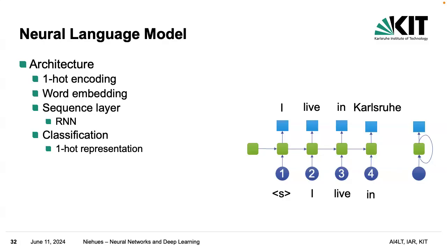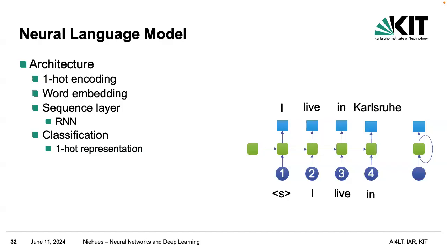How do you get now the probability of "I live in Karlsruhe"? Yes, multiply each probability. Exactly. You take this probability times this probability times this probability times this probability to get the overall complete probability.